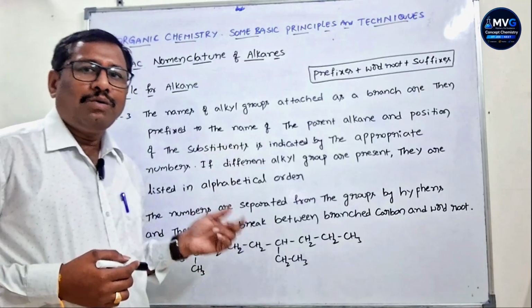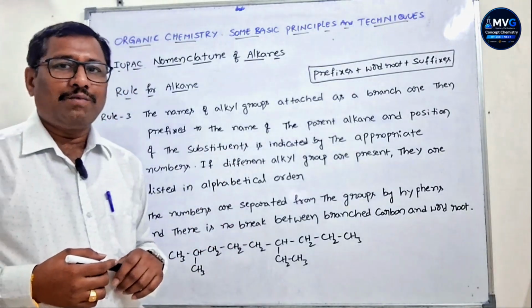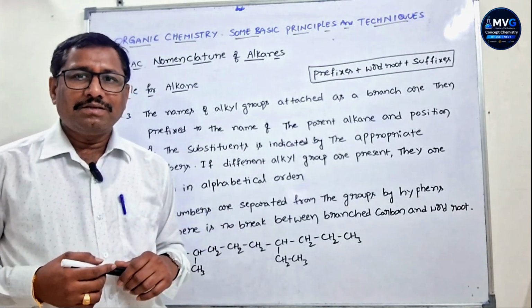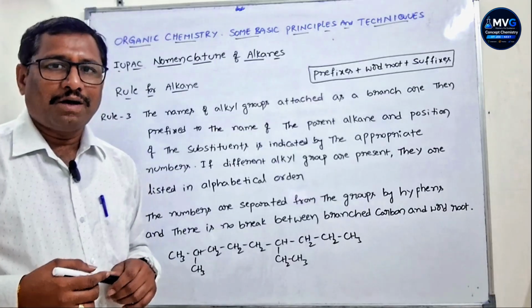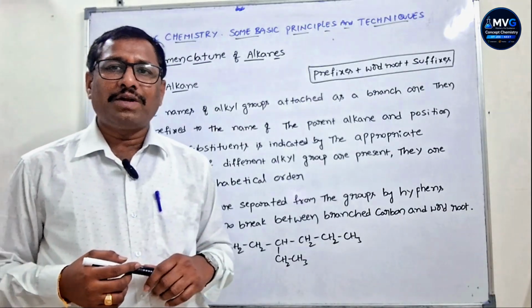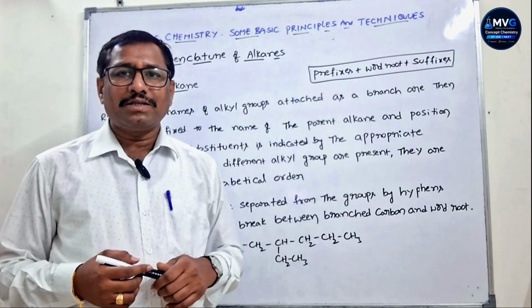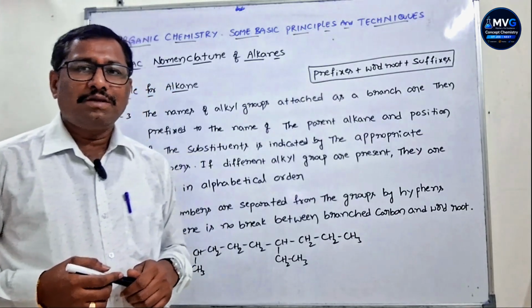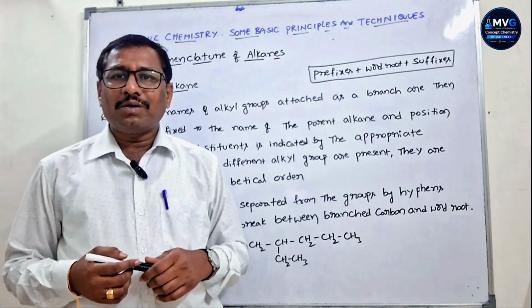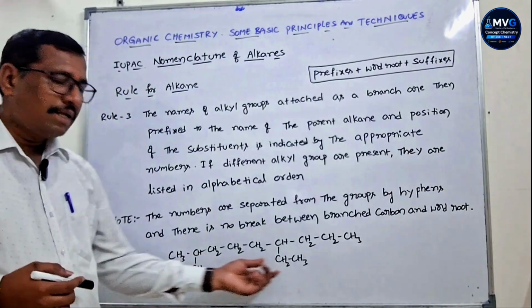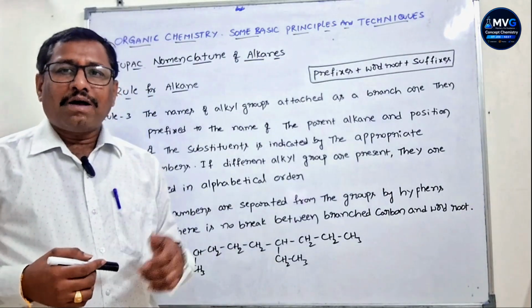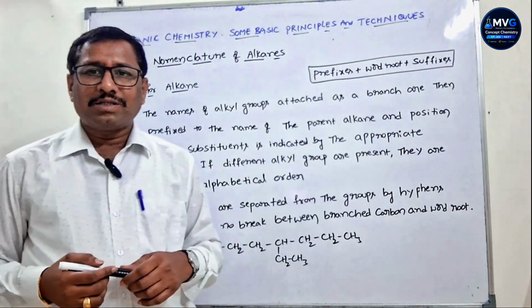Now here, we will discuss how to write the name for the given compound, students. Already in the previous video I explained how to write the nomenclature for a given compound. We are following this formula, students: prefixes, root word and suffixes. Prefixes means alkyl groups which are not included in the carbon chain, like methyl, ethyl. And alkoxy, nitro and halogens are also prefixes.